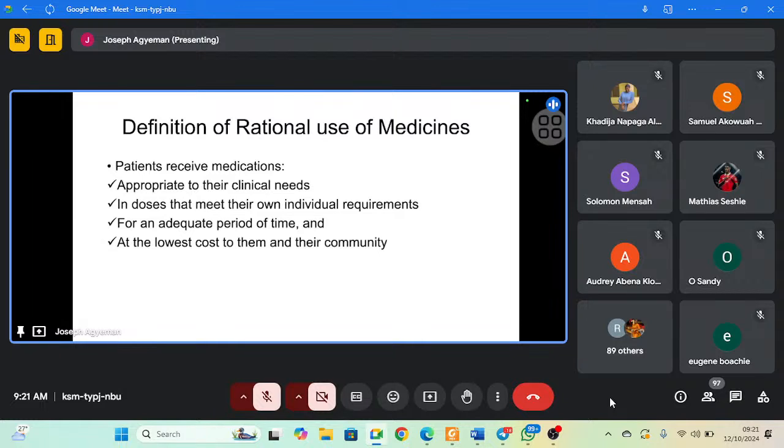After you've ensured that the medication is appropriate for that person's needs, you should also ensure that the dose is appropriate to that person's individual requirement. You have different categories of patients: elderly population, children, those with organ failures, especially organs for metabolism and elimination.